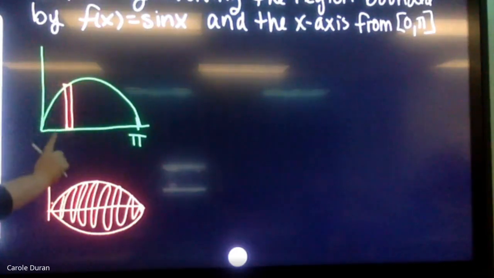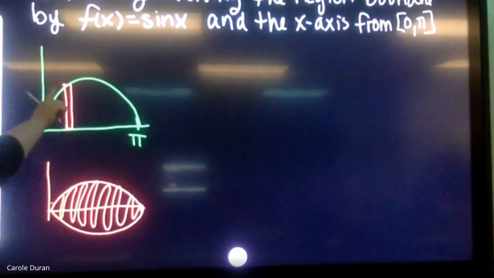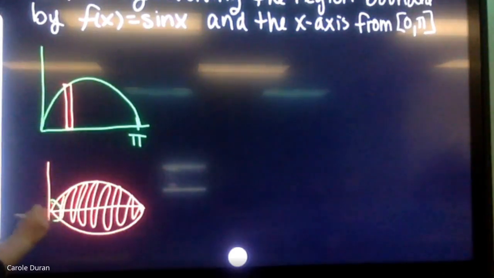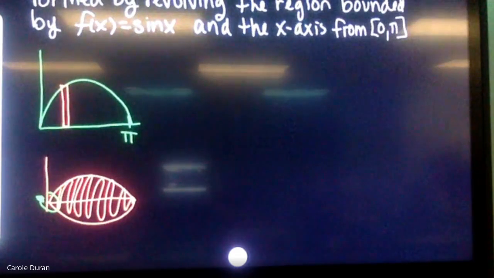We're integrating the area of each disc within this football. That's what volume is. I took this shape and rotated it around my x-axis, so we're kind of doing a Riemann sum for volume, which is just integration because we have an infinite number of rectangles.